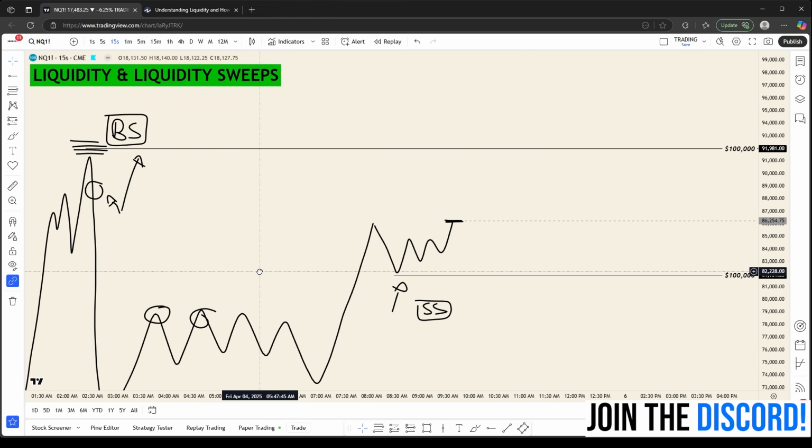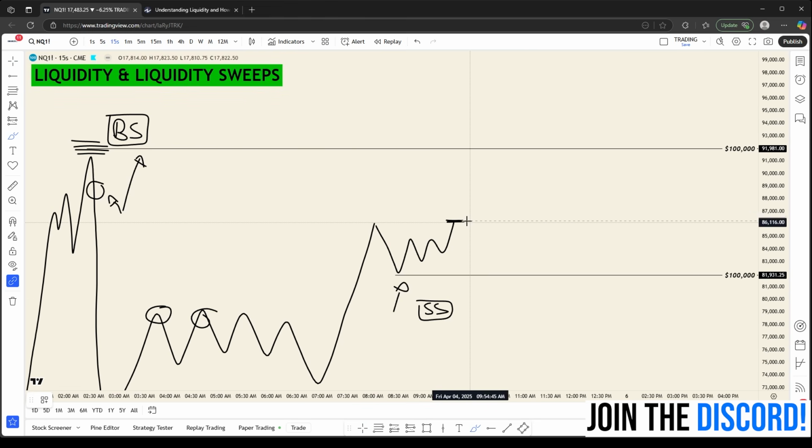Okay, so when we talk about a liquidity sweep, let's say I have $100,000 to buy the market. If I buy the market right now, or I want to sell the market, I want to see the market go down. But if I sell the market right now and short it, the price will drop, but my average fill is going to be down here. And I don't want my average fill to be down there, because that's just giving me a worse fill on my position than what would be reasonable.